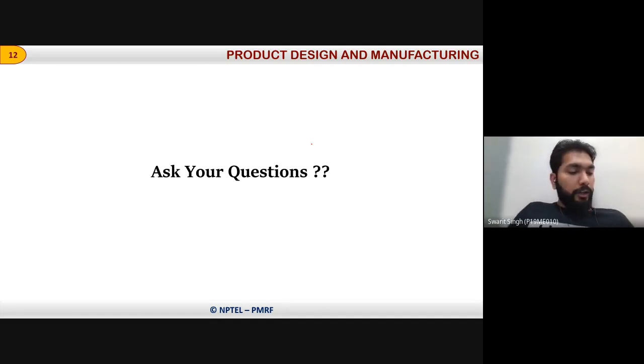It will be objective type questions, maybe true or false, match the following, or fill in the blanks. Maybe some numericals with some options. Options are given for the questions, and you have to choose the correct option from the given options. This is a similar pattern to the questions in the assignments.